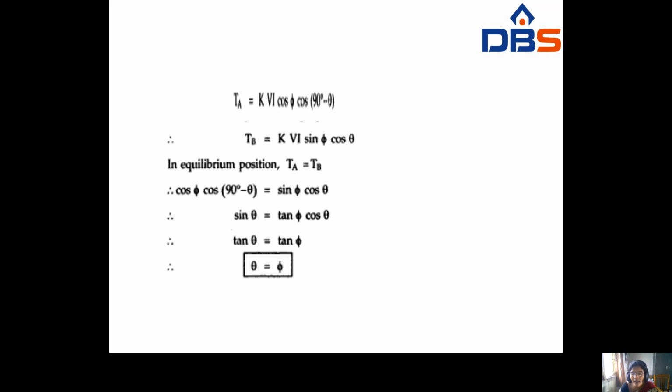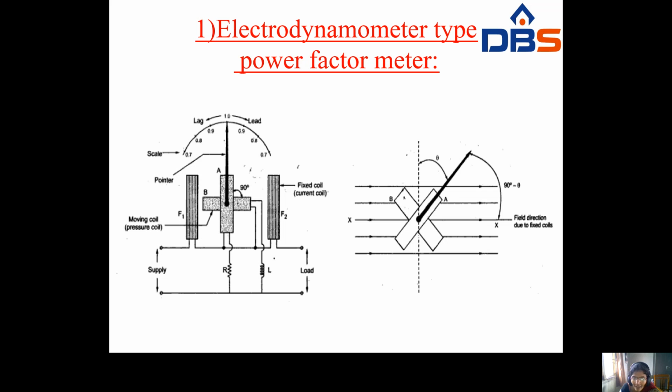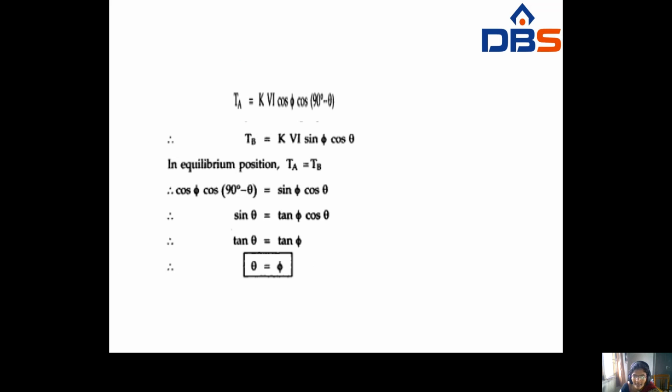The torque exhibited at A is TA equal to kVI cos phi cos(90 minus theta). Here A moves at an angle of 90 minus theta. Similarly, the torque exhibited at B is TB equal to kVI sin phi cos theta.